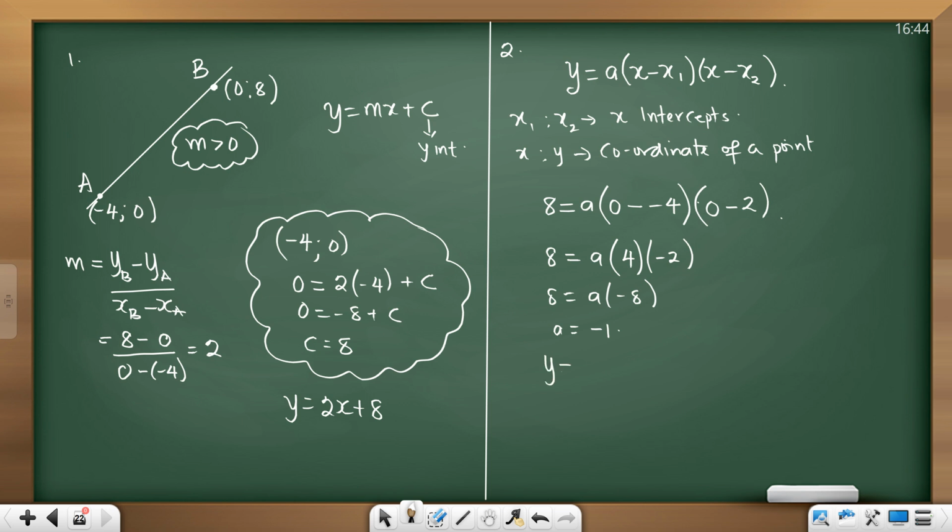Now what do I do? I go back and substitute. My a is -1. Then I have (x plus 4)(x minus 2). Now I can expand: x squared minus 2x plus 4x minus 8. Now this is just one way of doing it.